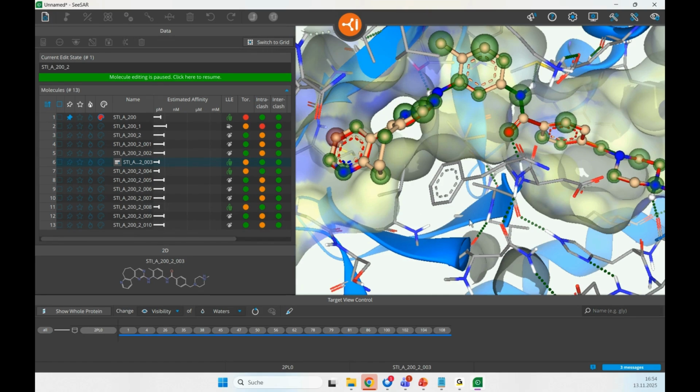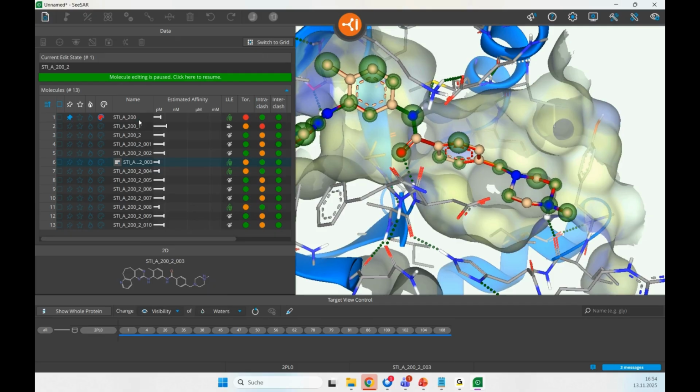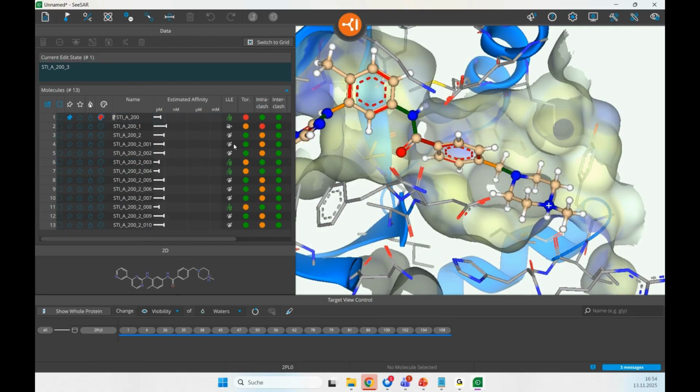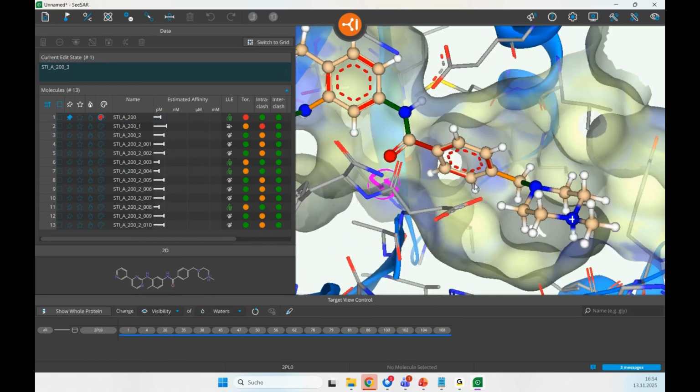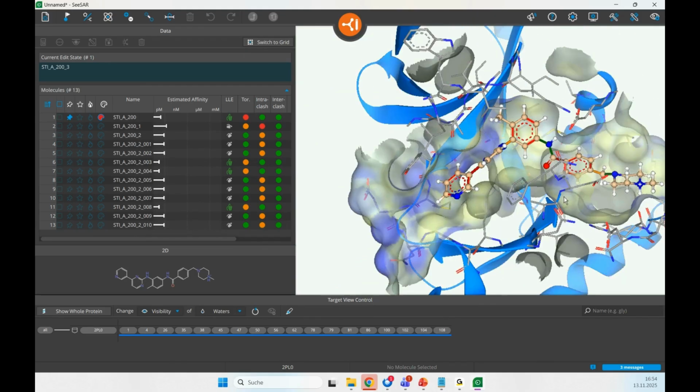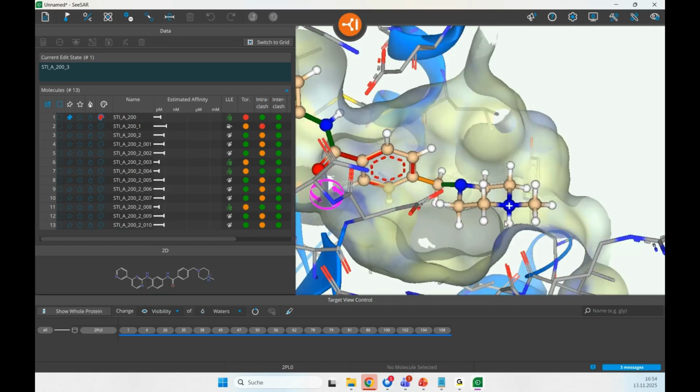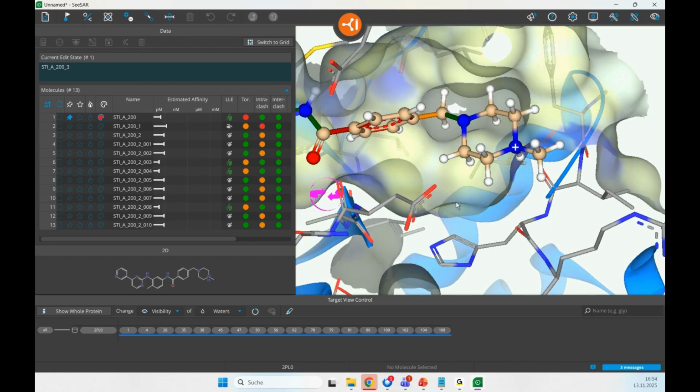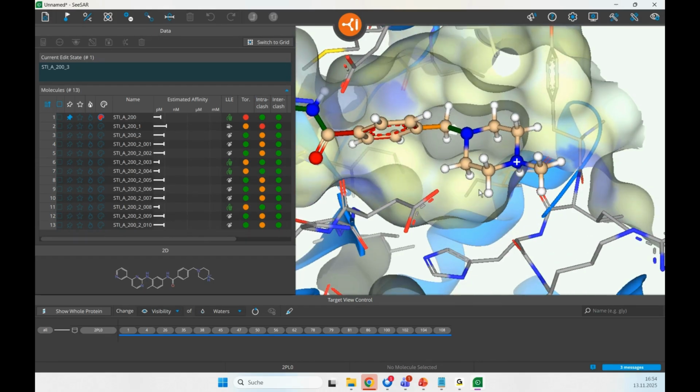It's also possible to adjust the protonation state of compounds. So in this case, we are now looking at this particular residue. Let's assume you know from experiments that it's not this nitrogen that is deprotonated, where we can also change the charge. So now we neutralize it, but it's actually this nitrogen here.